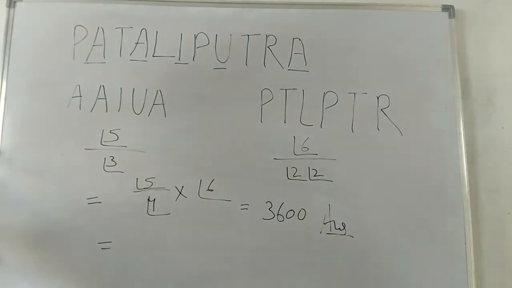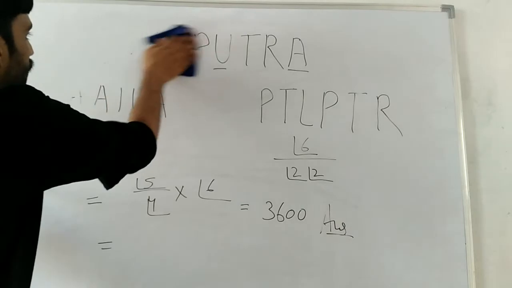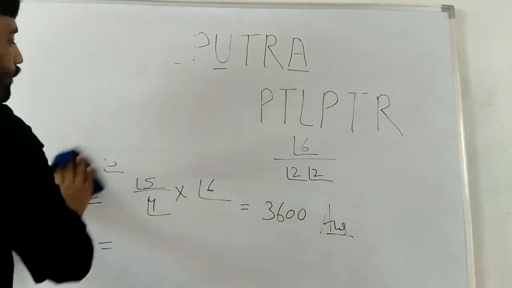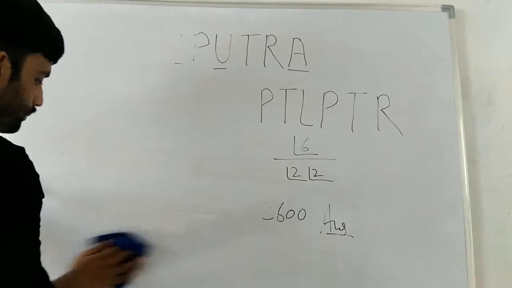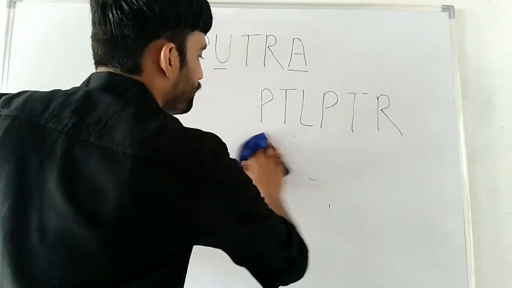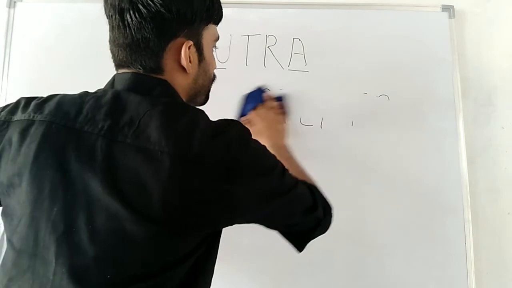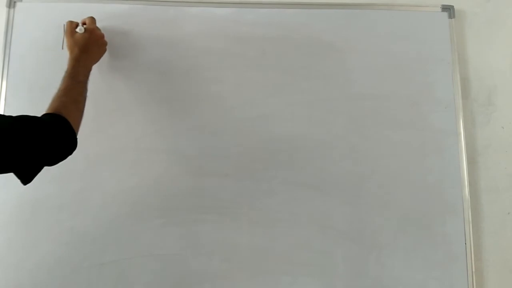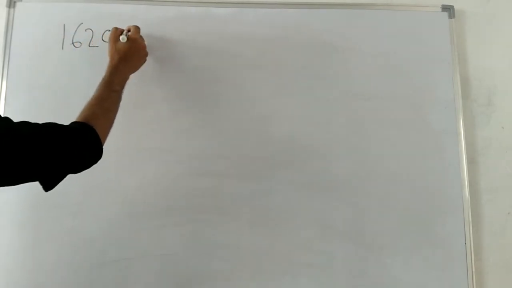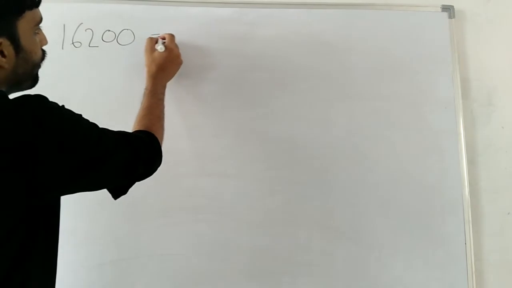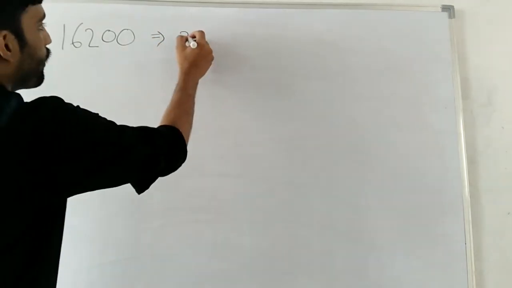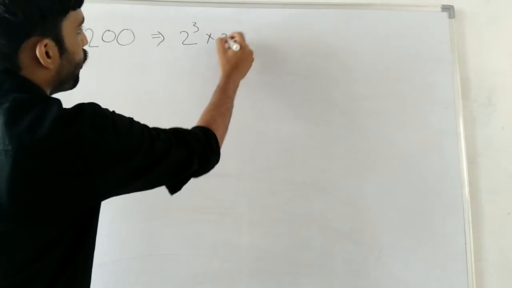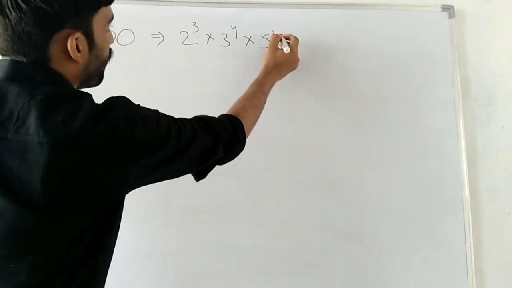In the next question we will see the number of divisors of a given number. In the next question we have a number 16,200 and we can also write it in the way 2 to power 3, 3 to power 4 and 5 to power 2.